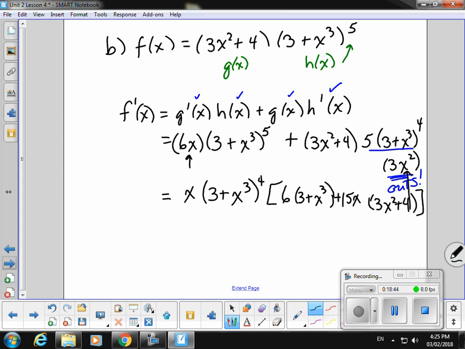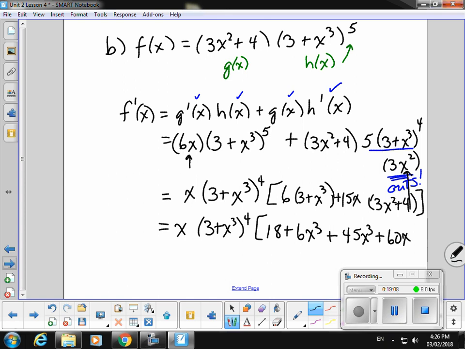All right, just checking that I didn't miss anything. So my greatest common factor, x, 3 plus x cubed to the 4th, and then this big bracket, if I can tidy it, that would be awesome. I have 18 plus 6x cubed plus 45x cubed plus 60x.